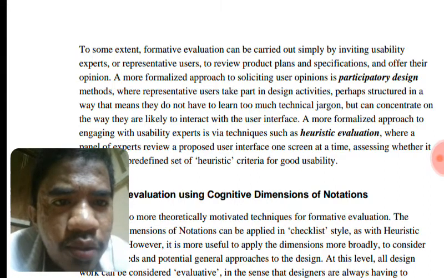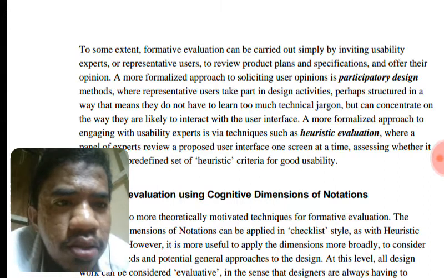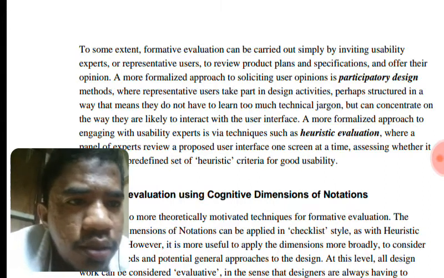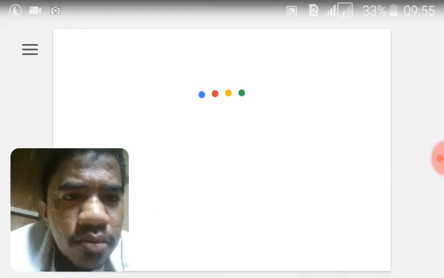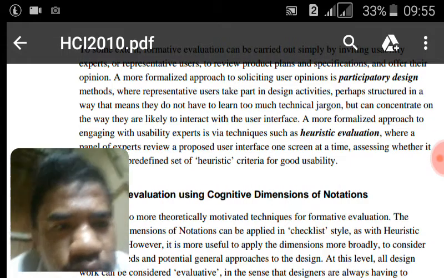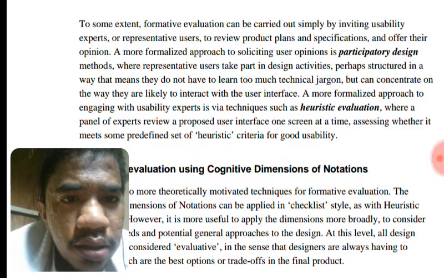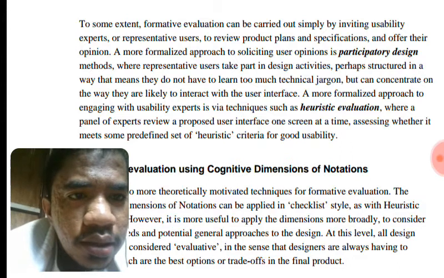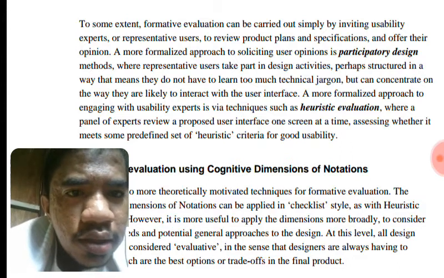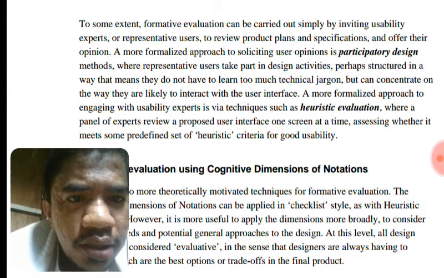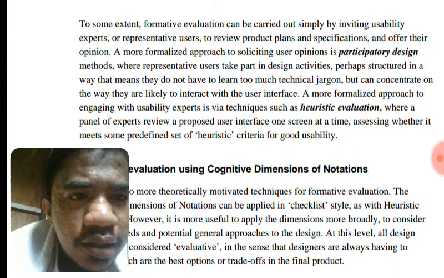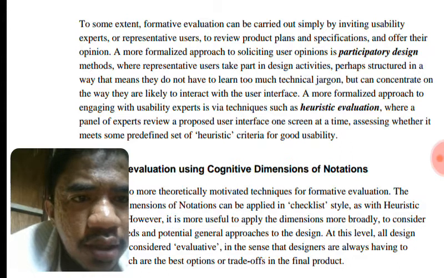A more formal approach to soliciting user opinion is the participatory design method, where representative users take part in design activity, perhaps structured in a way that means they do not have to learn too much of the technical jargon, but can concentrate on the way they are likely to interact with the user interface.